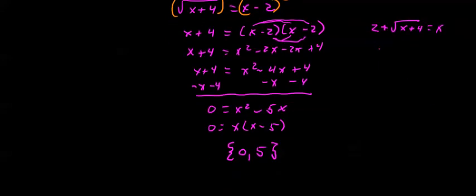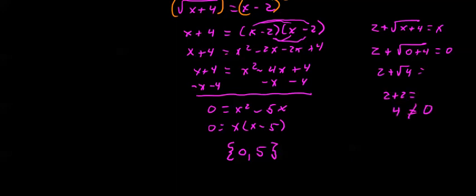Put in 0. 2 plus the square root of 0 plus 4 equals 0. 2 plus the square root of 4. 2 plus 2. 4 is not equal to 0. So let's erase this x equals 0. Actually, I shouldn't have done this at all. Should have started with x equals 0 or x equals 5.